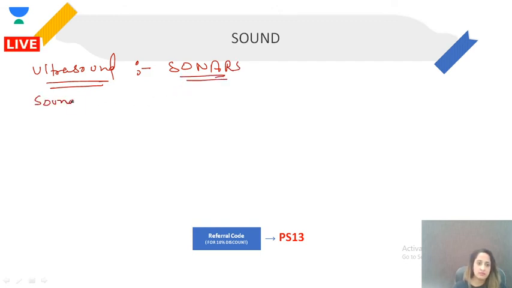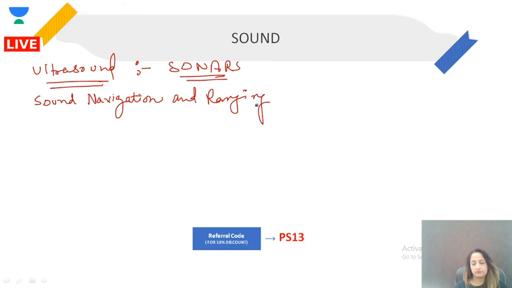Sound navigation and ranging, right? So that is what we call sonar. Sound, SO, N for navigation, A for and, R for ranging. There we use ultrasound. So what does this mean?